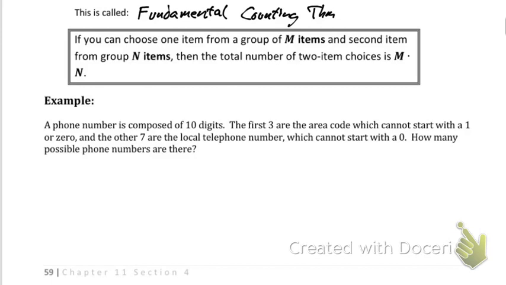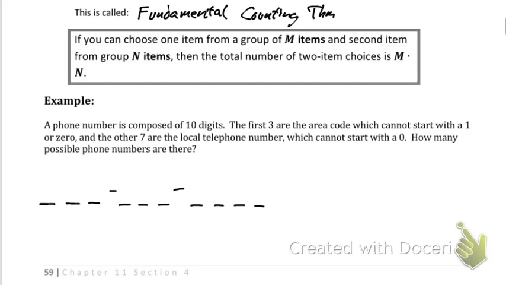This is a whole bunch of groups where I'm choosing one from each group. So if we look at a number, I'm just going to put it as blanks. So we have an area code, and then we have our local code, and that's a phone number. The very first number that we're going to have here is just picking one number out of a bunch of numbers you can choose from.